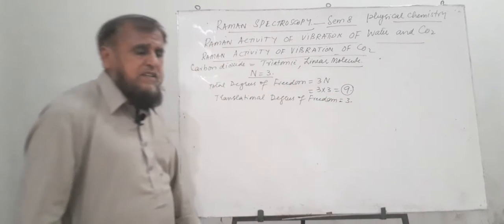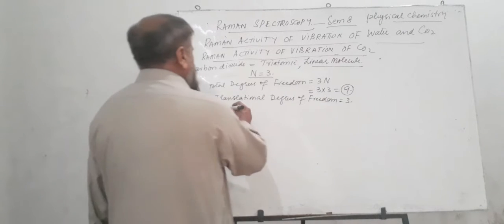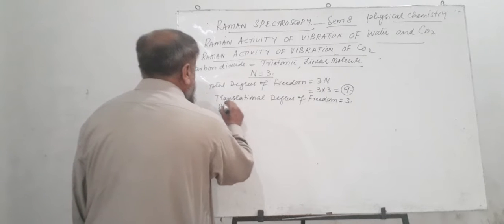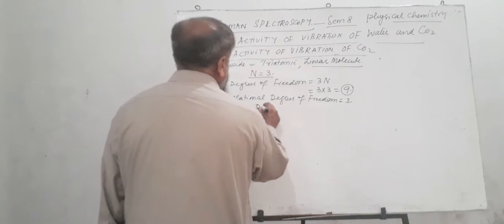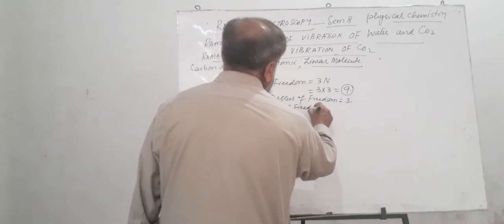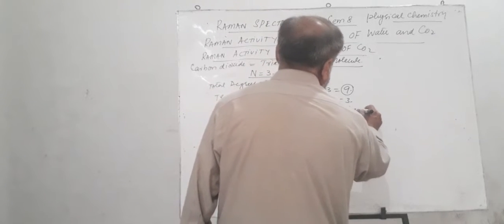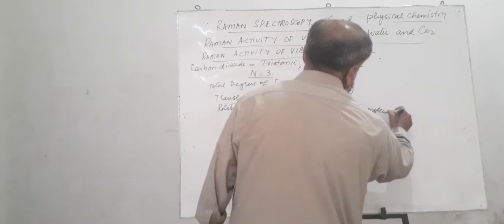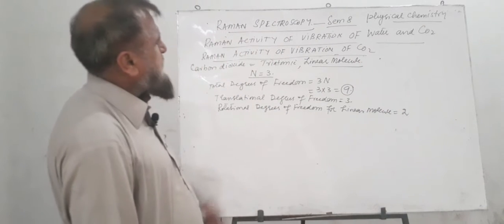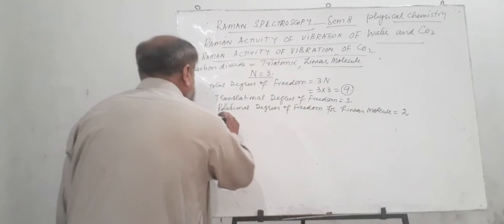Now for linear molecules, the rotational degrees of freedom are 2. In this case, the rotational degrees of freedom are 2. The remaining degrees of freedom, 3N minus 3 minus 2, will be the vibrational degrees of freedom.